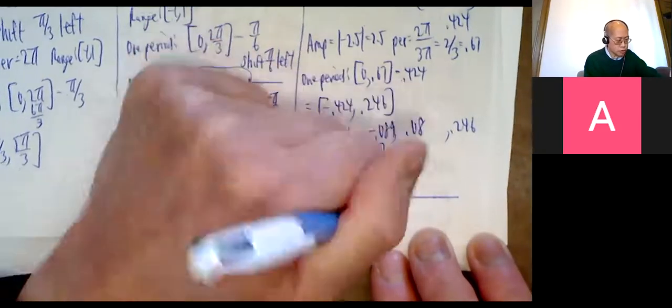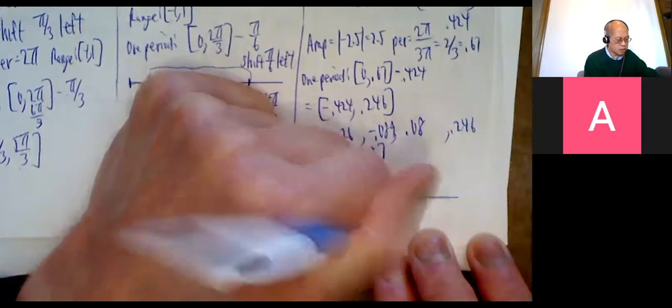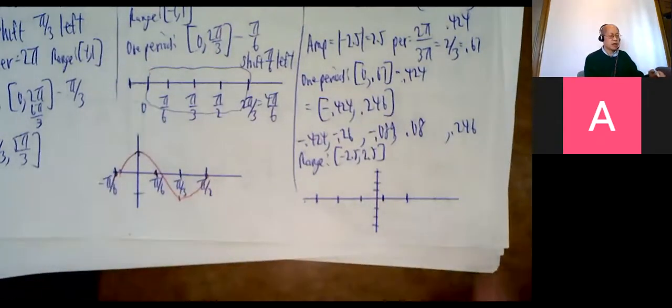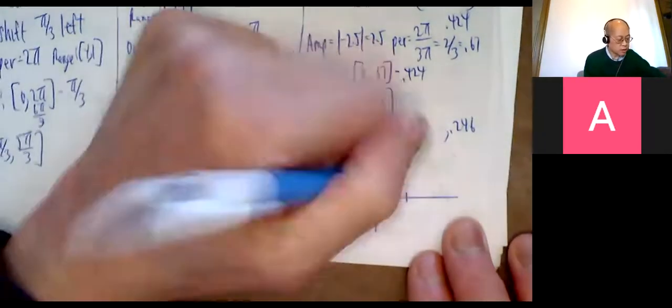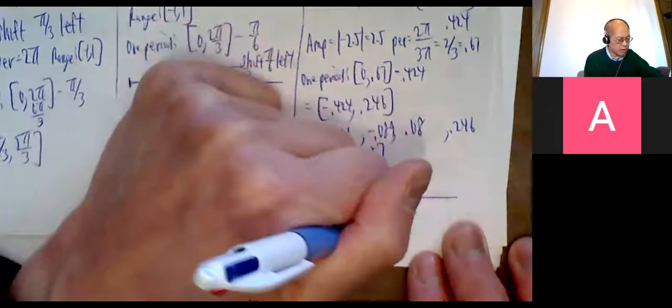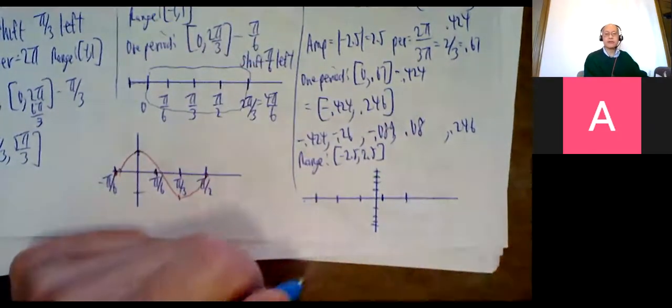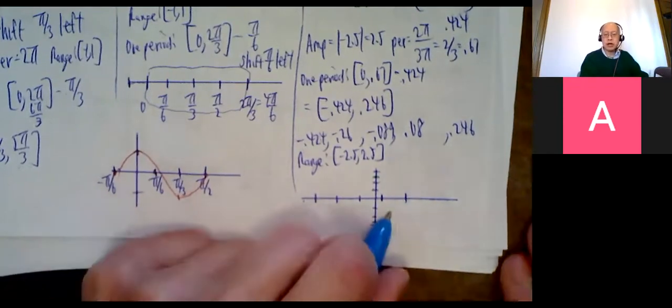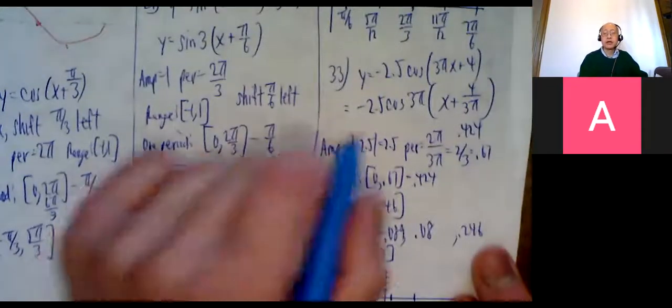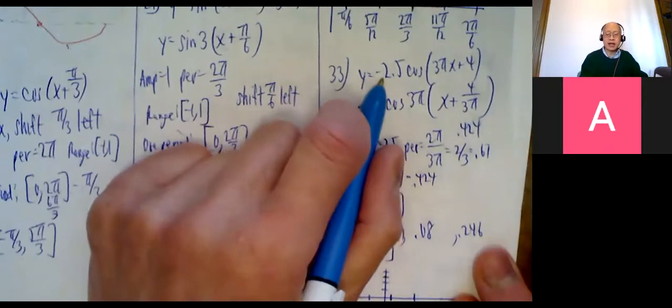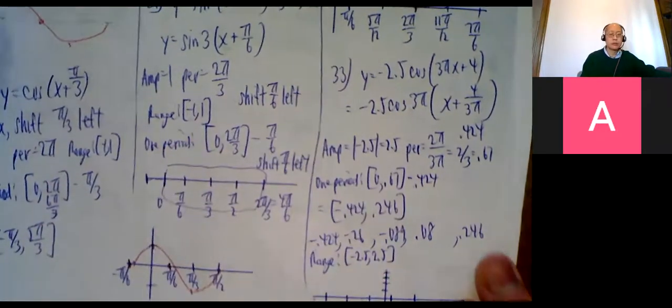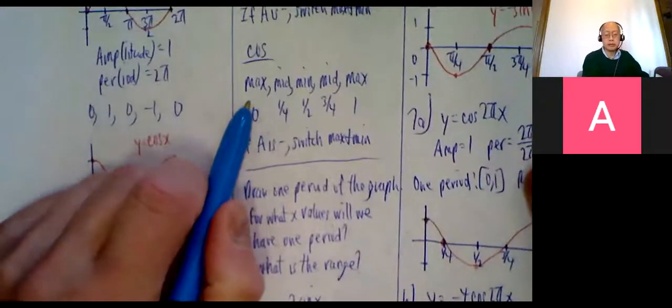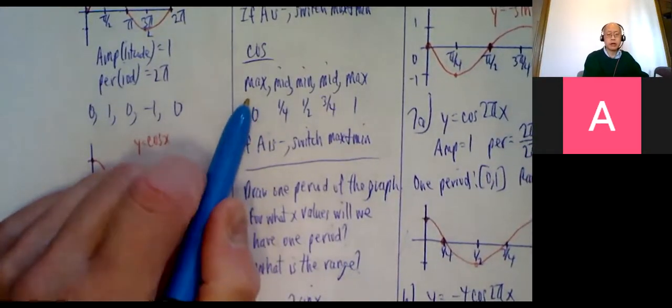1, 2, 3. Okay, I go up to 2.5, so let me mark off 2.5, which is maybe there, and negative 2.5. Okay, so I start here, I end here. It's cosine, and there's a negative. So negative means I reverse the max and min. So instead of starting at the highest point, I start at the lowest point.